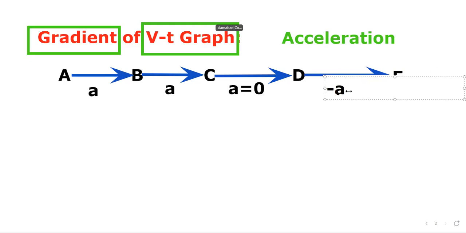Like from C to D, there is no acceleration. A to B, B to C is positive acceleration. Okay, so now let's verify every point with the mathematical calculations.